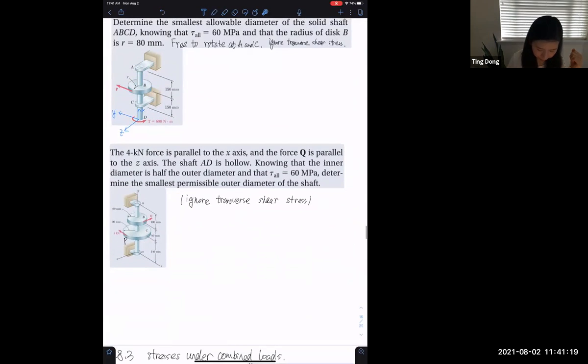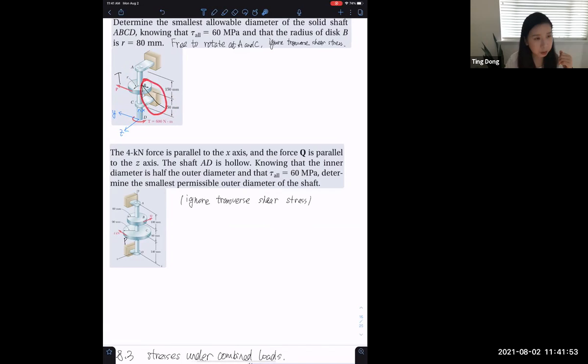The same thing here: it generates torque in the beam and it has shear stress. At the same time, for this applied force, we can see this P as a torque plus this force applied to the beam.